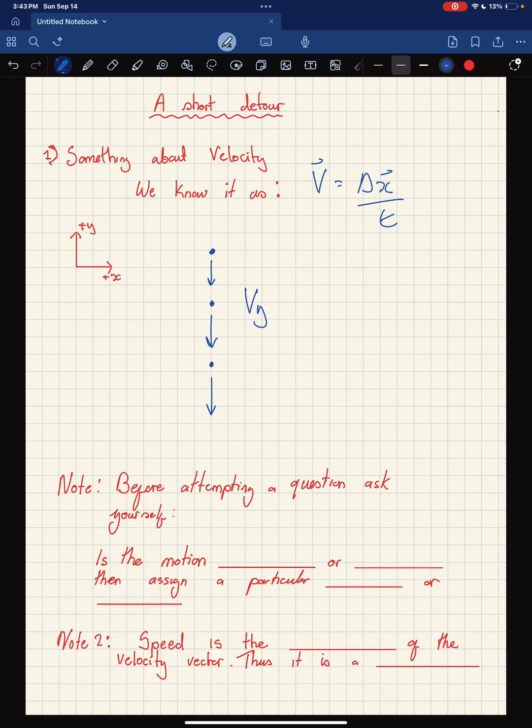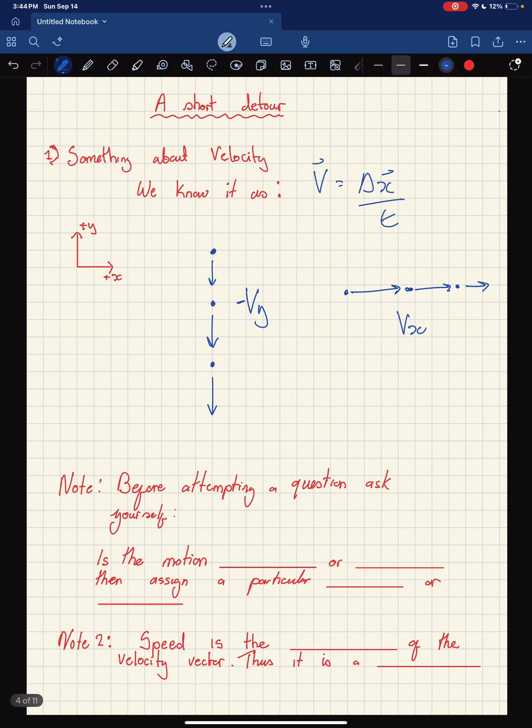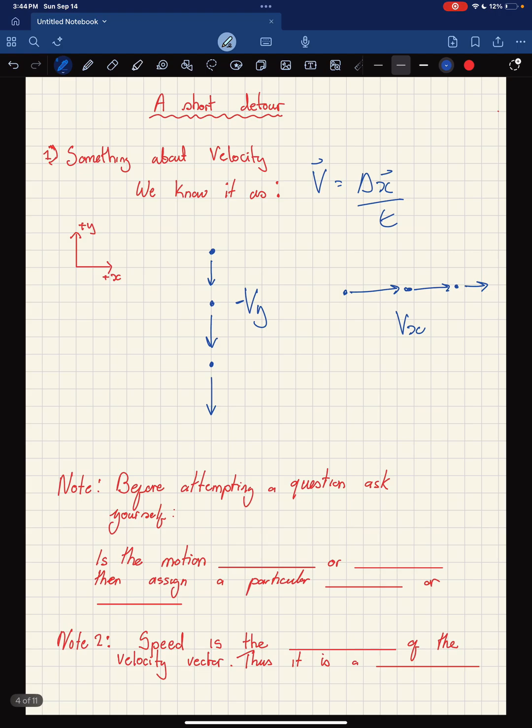Because it's going downwards and my positive is upwards, it's going to be my negative vy. So negative velocity, subscript y. And if it's going up, it'll be positive, but it's going down. And then if I have something going to the side, in the positive direction, it's going to be vx.